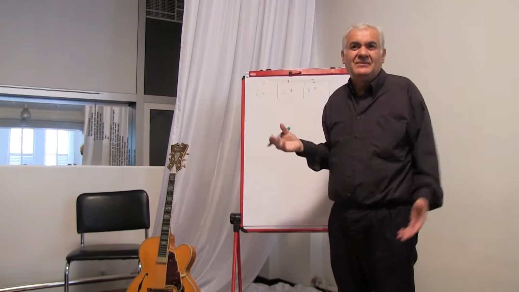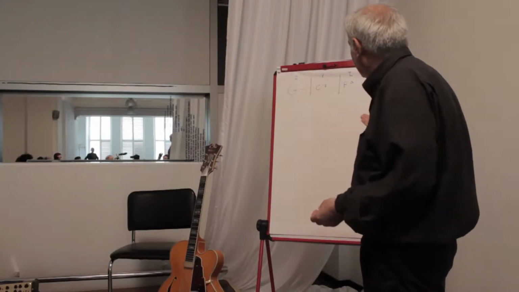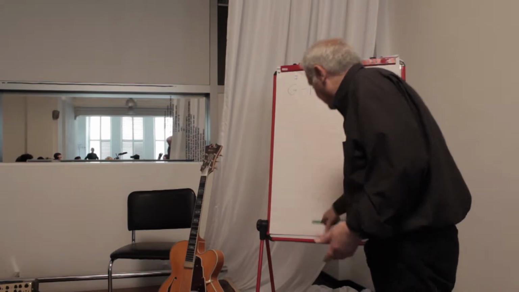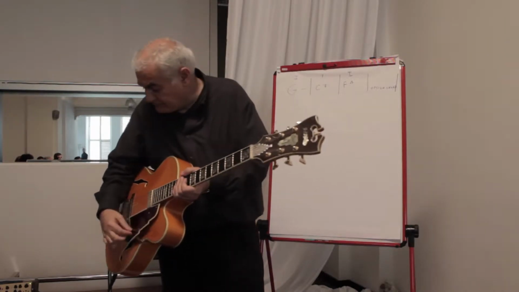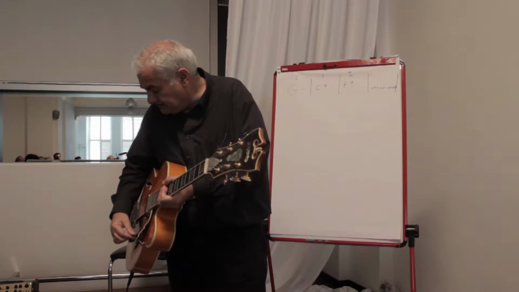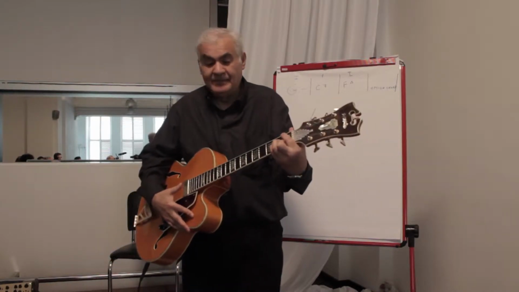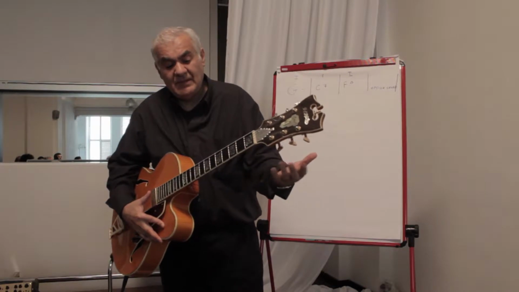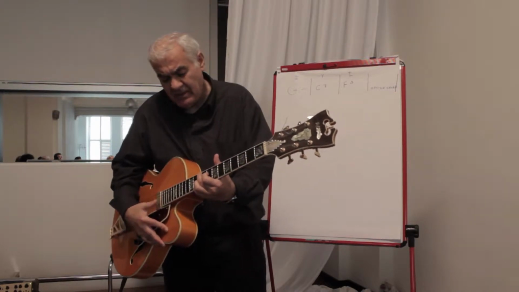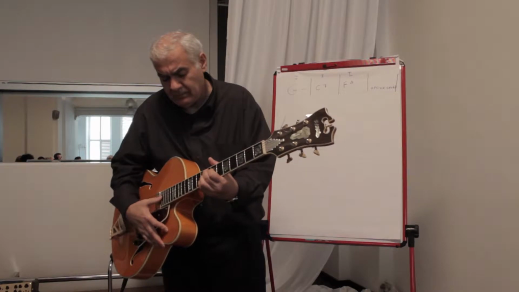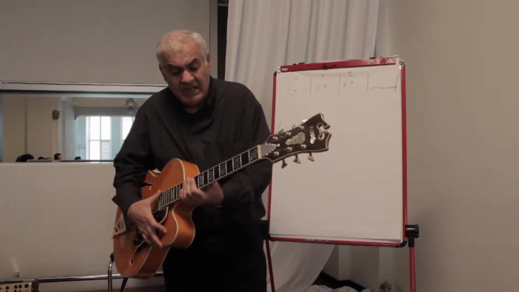I know, 2-5-1, the most common progression. So first I show the G minor, C7, and F. I would like to explain it in different keys, in different positions, and they're the most used that you can play.